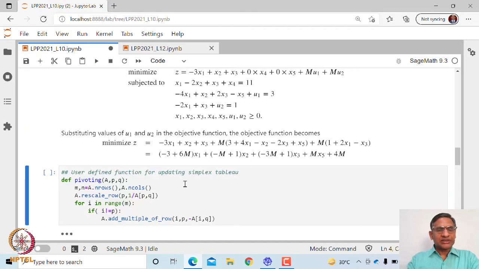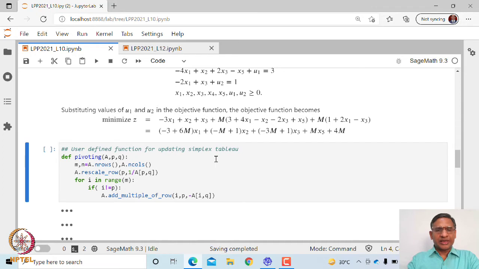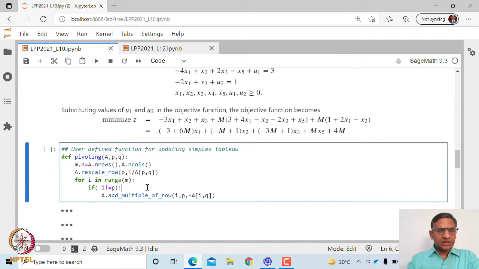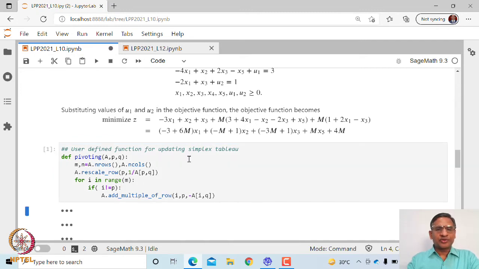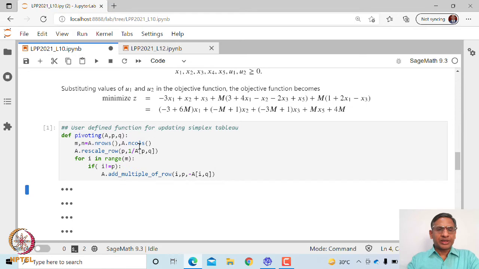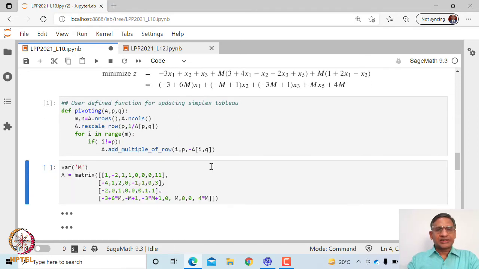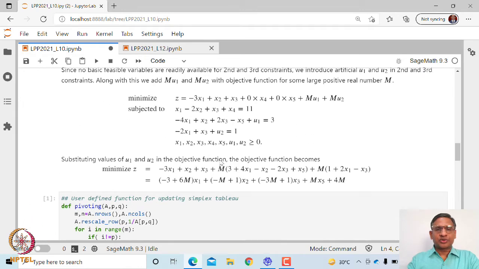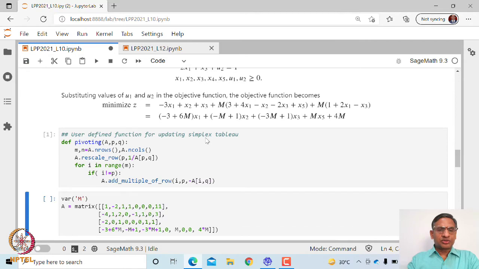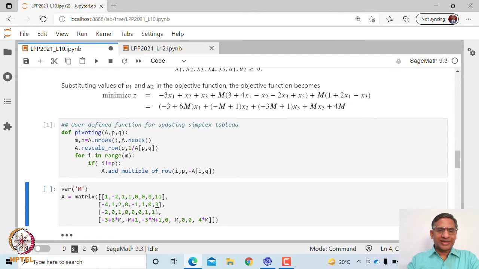We are going to apply the simplex method, so we will need to pivot the matrix. Let me introduce this user-defined function for pivoting and updating the simplex table. Next, let us write the coefficient matrix for these constraints and the objective function. This coefficient matrix will also contain the right-hand side and the reduced cost coefficients.